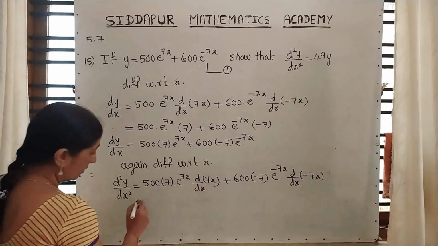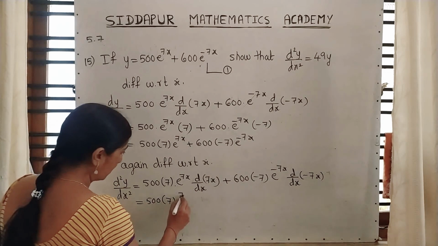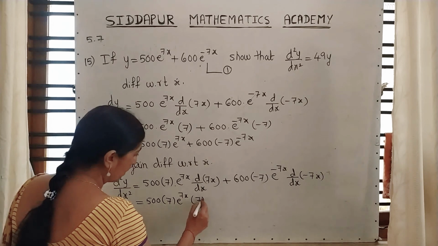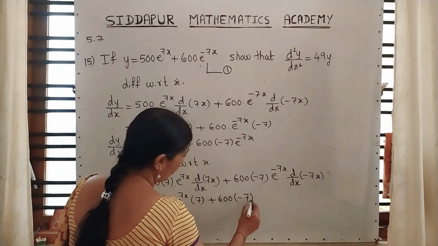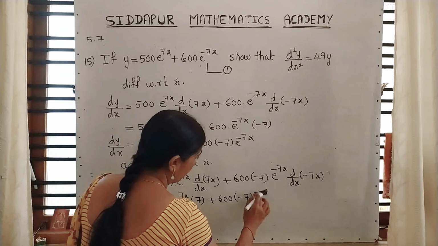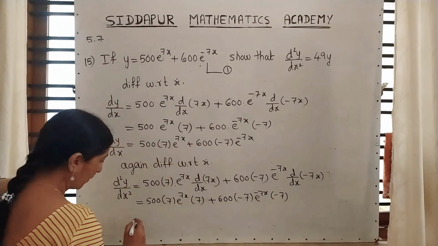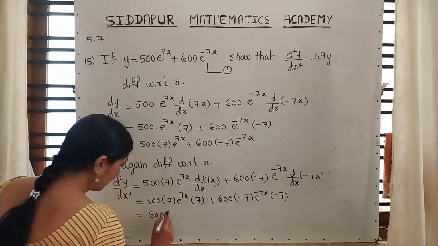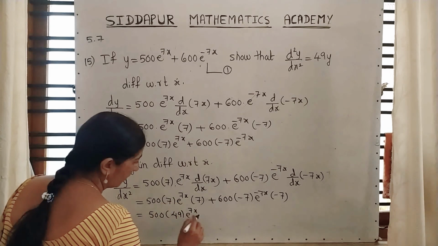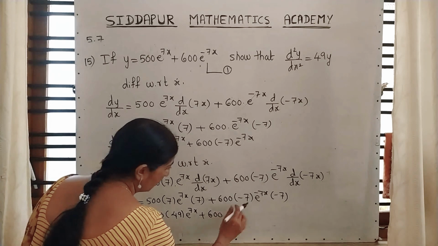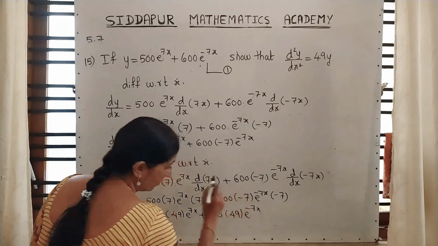Here, 500 into 7 as it is, e raised to 7x as it is, differentiation of 7x is 7, plus 600 into minus 7 as it is, e raised to minus 7x into differentiation of minus 7x, which is minus 7. See, 500 into 49 e raised to 7x, this 7 and this 7, plus 600 into minus 7 times minus 7 is 49 e raised to minus 7x.